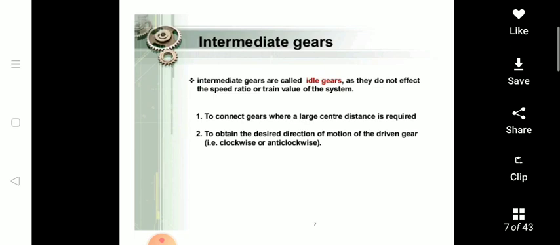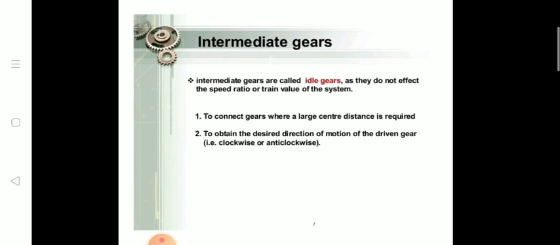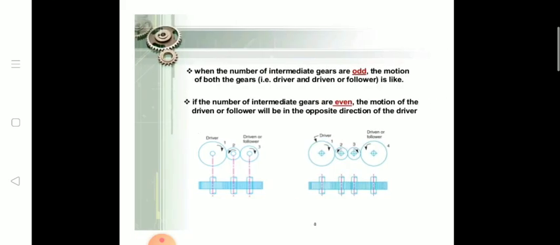Intermediate gears are used to connect gears where a large center distance is required and to obtain the desired direction of motion of the driven gear, either clockwise or anti-clockwise. When the number of intermediate gears is odd, like 1, 3, 5, 7, the motion of the first driver gear and the motion transmitted to the last gear are in the same direction.